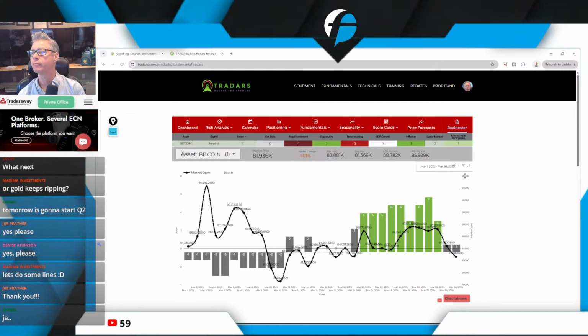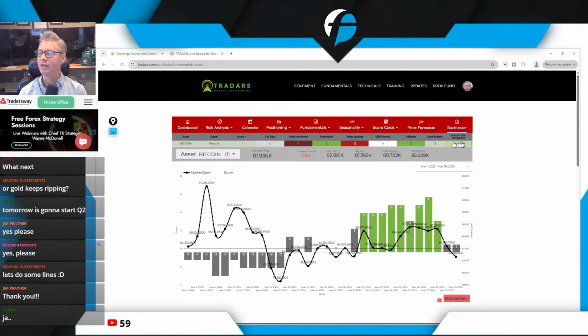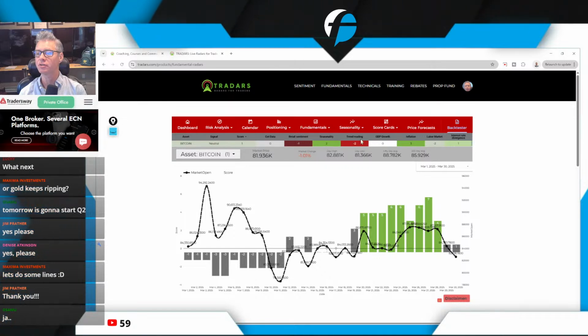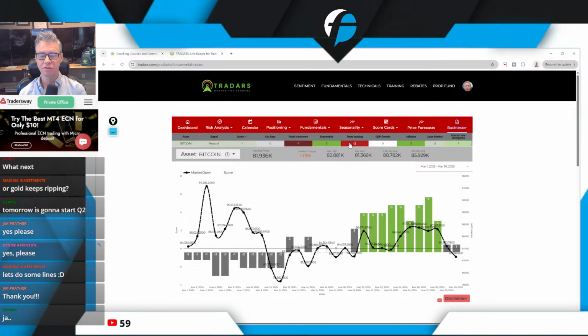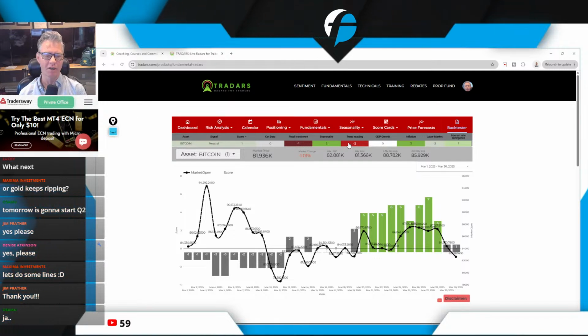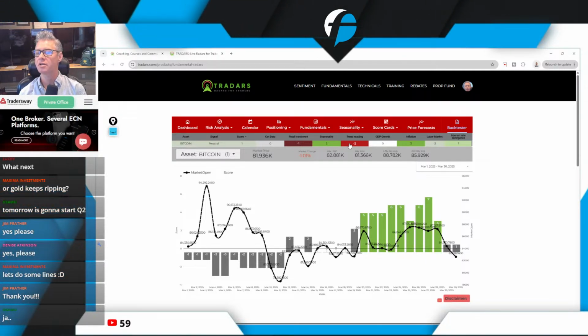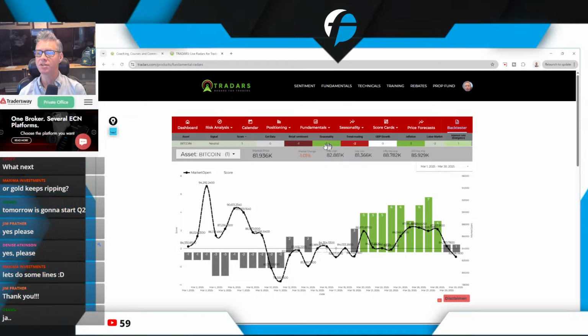It's neutral. Looking at interest rates, jobs, inflation, productivity. Here's the statistical trend. Statistically, the price time data is bearish. It's definitely not in line with seasonality.